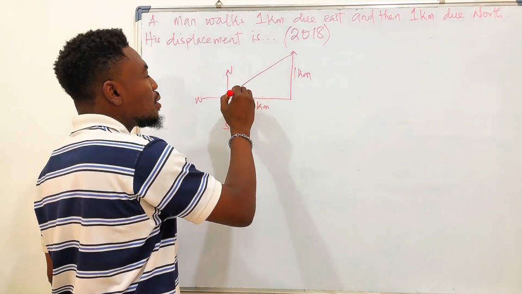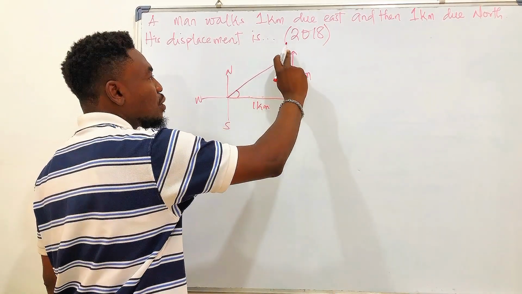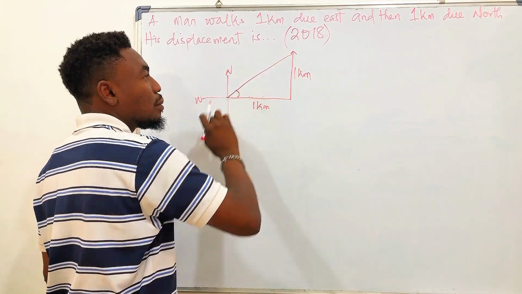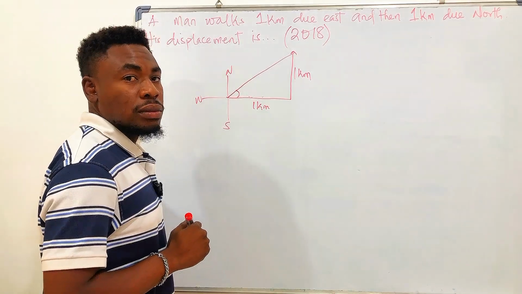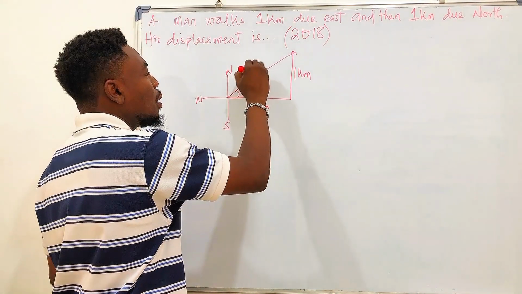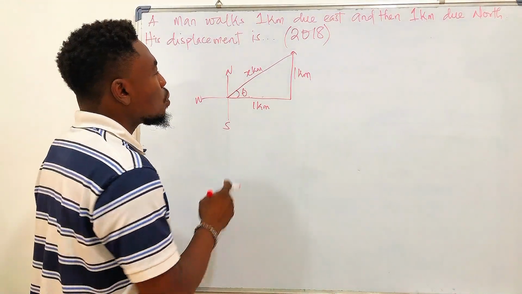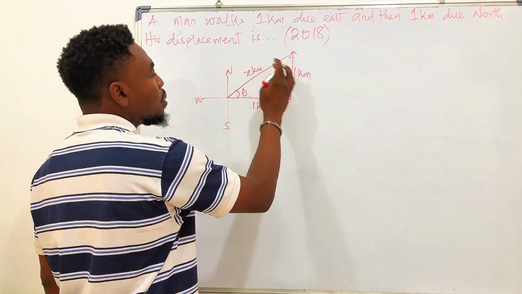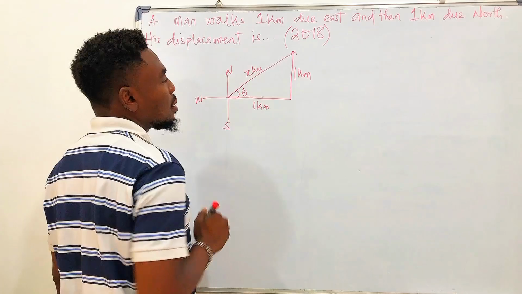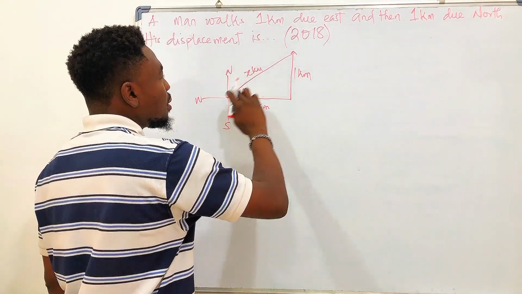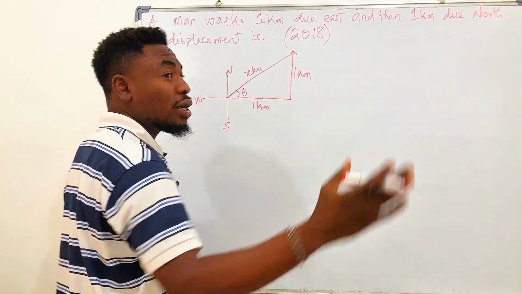Now, his displacement is going to be the length of this line due this angle. So we are going to look for x kilometer and we're going to look for theta, right? So this is hypotenuse, this is opposite, this is adjacent. But then this is hypotenuse. So we can use what?